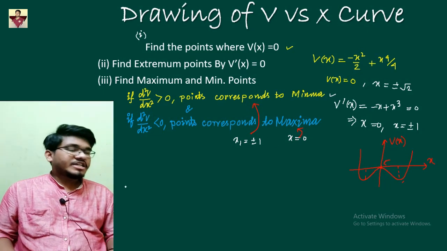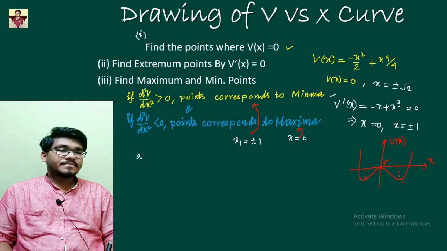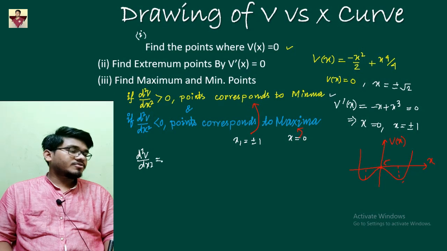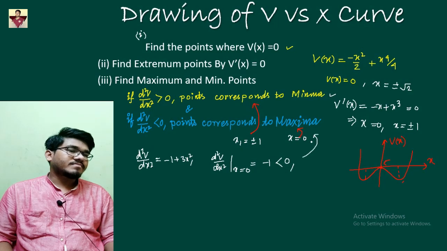Now if you calculate d2V/dx2, the second derivative, you will find that it is equal to minus 1 plus 3x square. For x equal to 0, it will be minus 1, which is less than 0. That means it is a point of maxima.